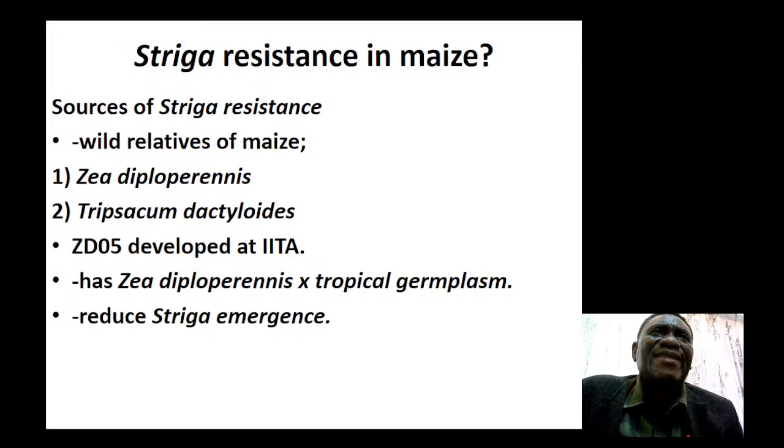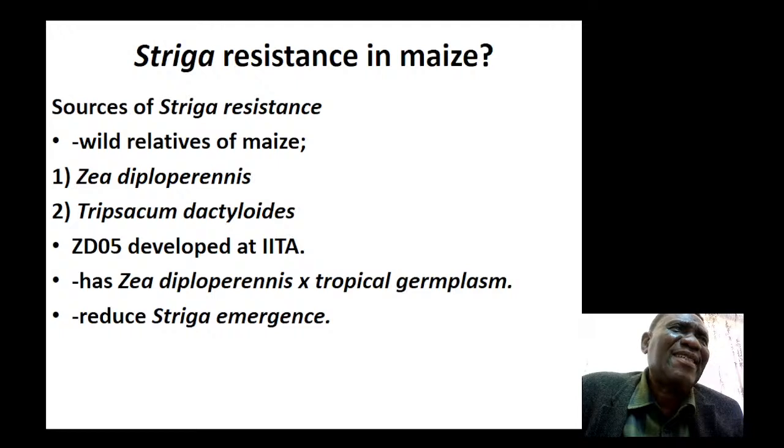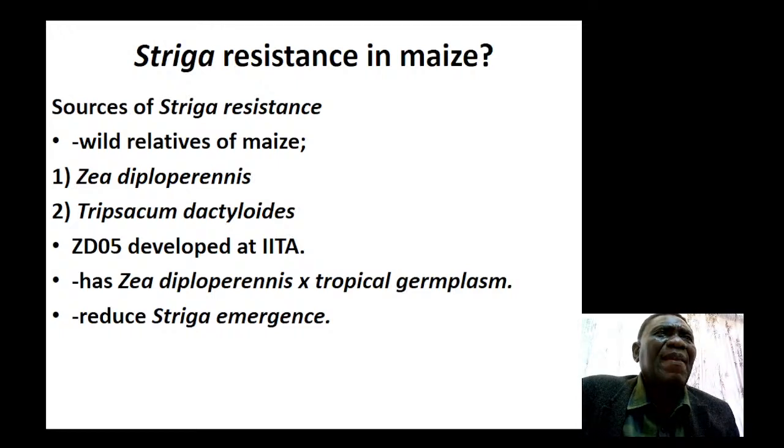Now, at IITA, they were able to develop a line which was resistant to Striga species, which they named ZD05. Now, this was a cross between Zea diploperennis and tropical germplasm.